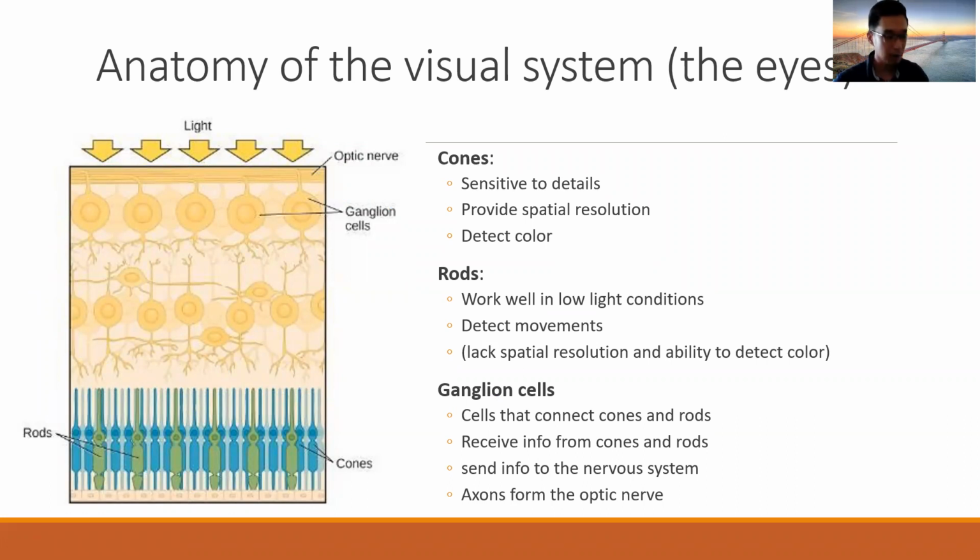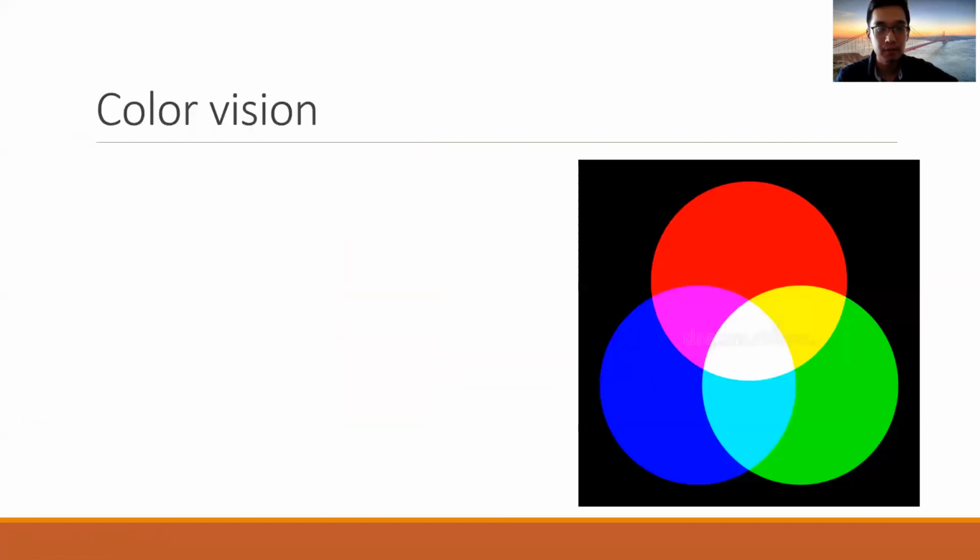As we talked about in chapter 2, the occipital lobe on the back of the brain processes this visual information. So the ganglion cells need to send information from the eyeballs to the occipital lobe. It's a long way to go, but it's not that long. Okay, so that's the visual system.